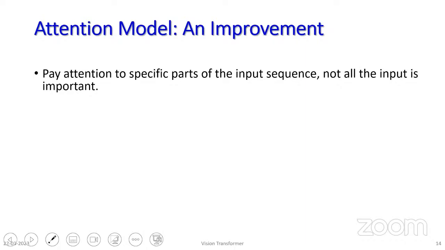For example, if I say that there was an earthquake in the Hindu Kush area yesterday, earthquake is important. Where is important. There was is not so important. There are certain words which are not so important, and certain words which have some kind of relationship with other words.